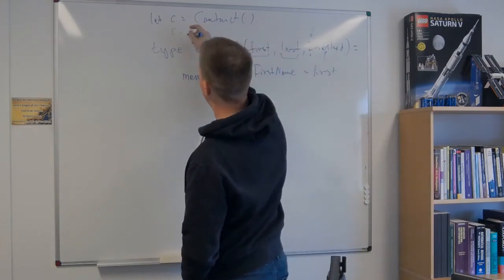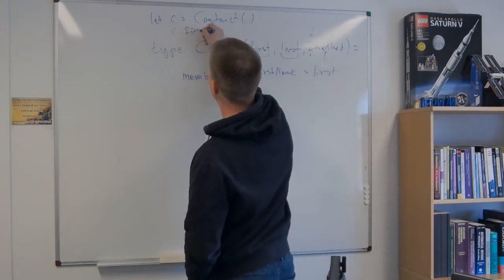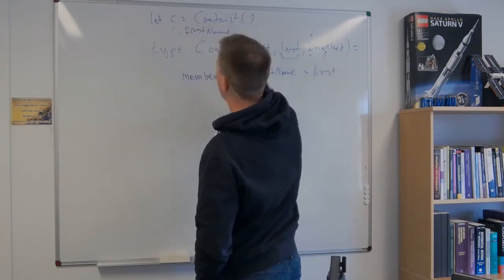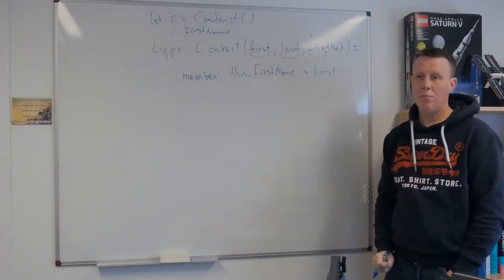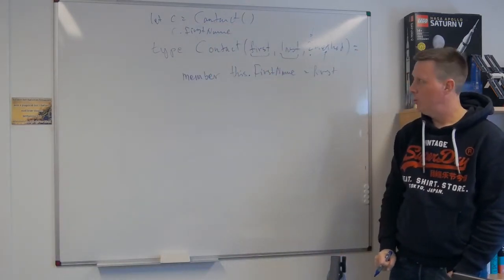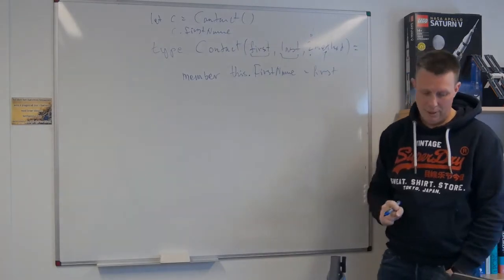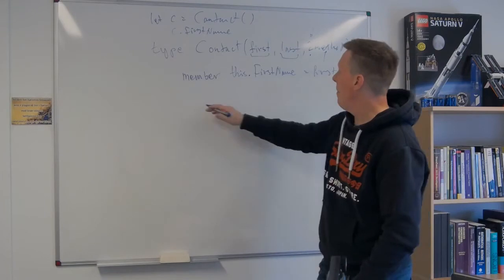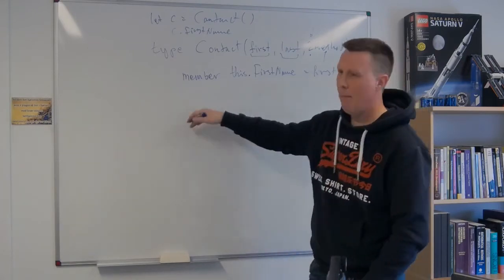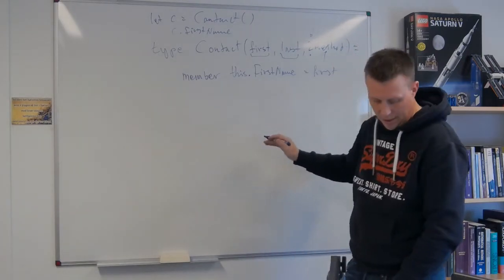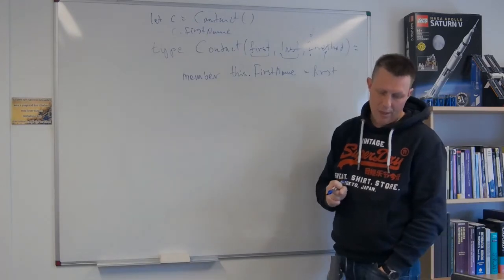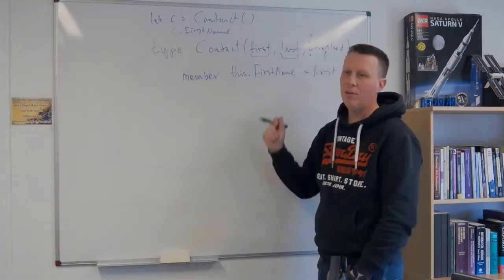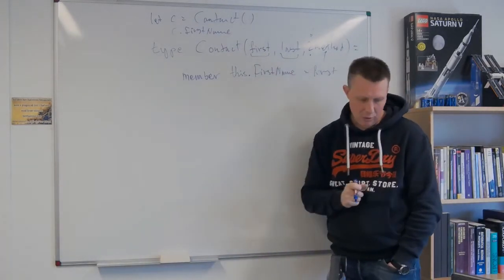I could say C dot first name to print out the first name from the object. So now I can actually do something with this object. And of course now I can do member this last name and member this middle name and use this default value or however I want.